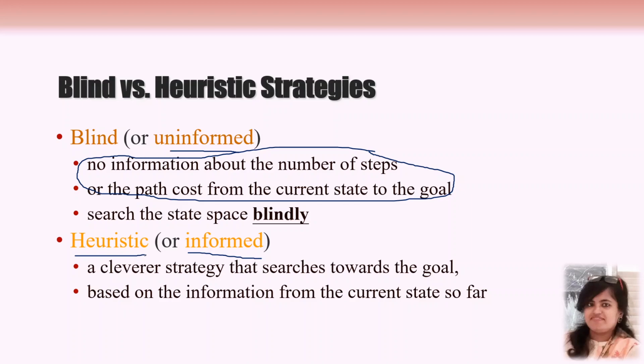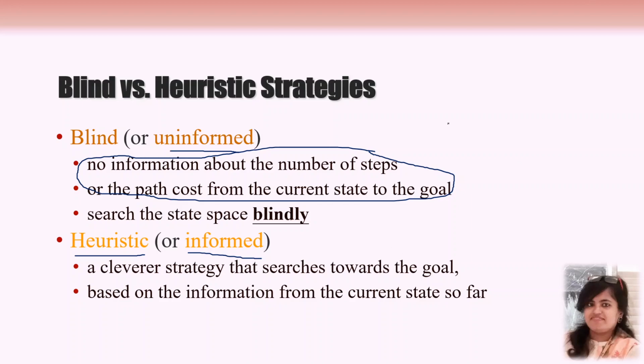So these heuristic or informed search techniques are a cleverer strategy that searches towards the goal. They are based on information from the current state so far, right? More details of the heuristic search technique will be discussed in later videos. These are also part of this particular course, so we are going to discuss them in detail.